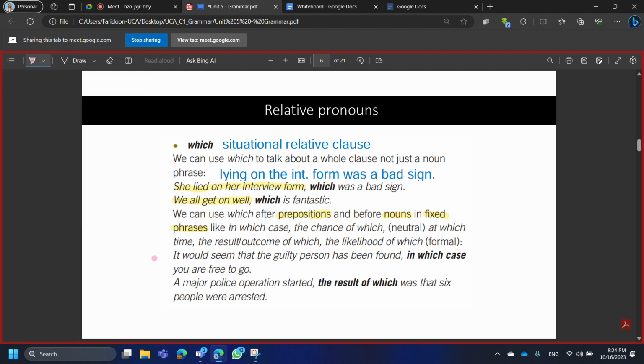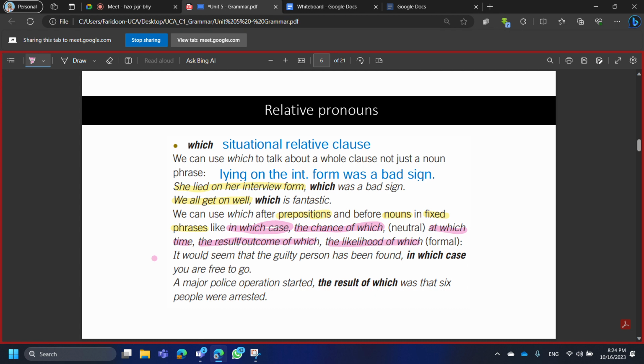For example, one of the most common ones is in which case, or the chance of which, or at which time, or the result, the outcome, the consequence of which, or the likelihood of which, which is a very formal phrase, as you can see in here.